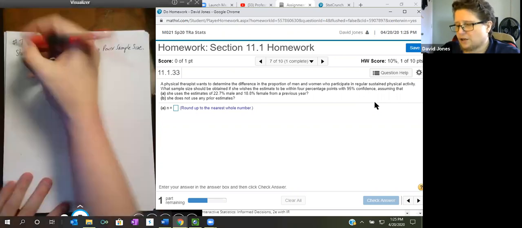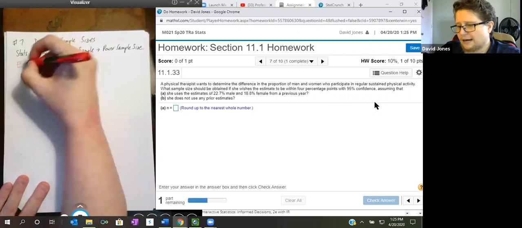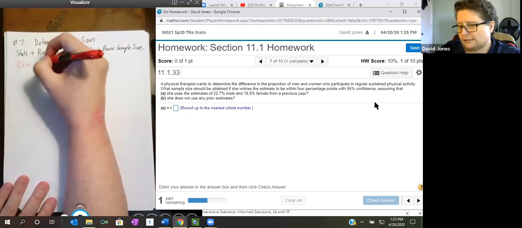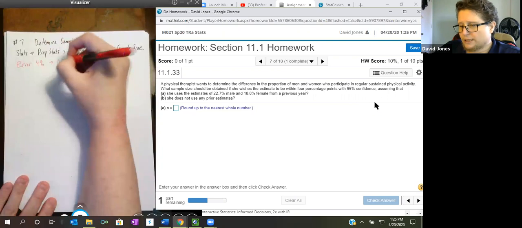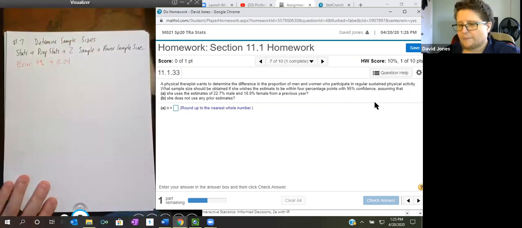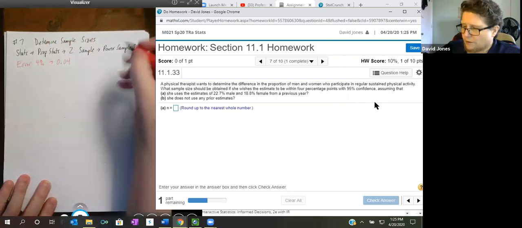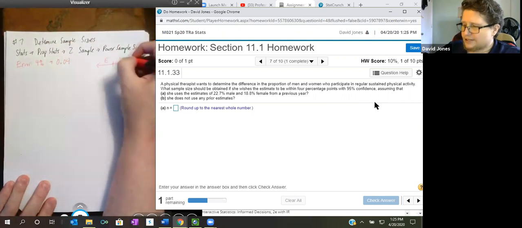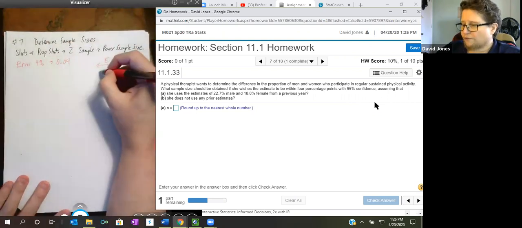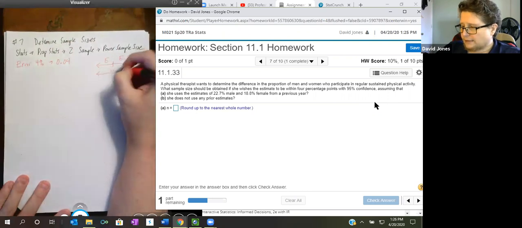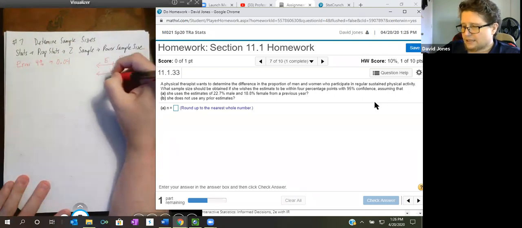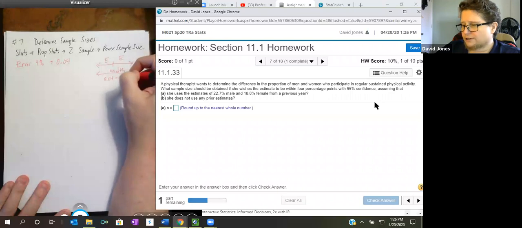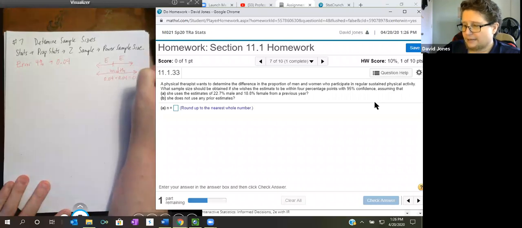Okay, so the estimate or error needs to be 4%, which would be 0.04. Remember, that's the error going in each direction. So the overall width is 0.04 plus 0.04 equals 0.08.